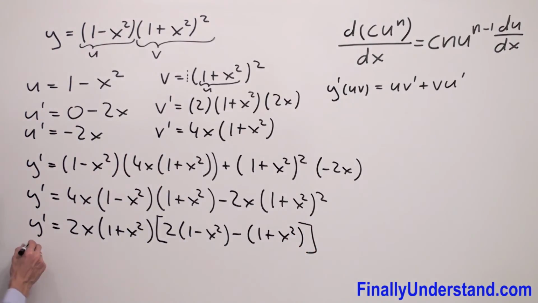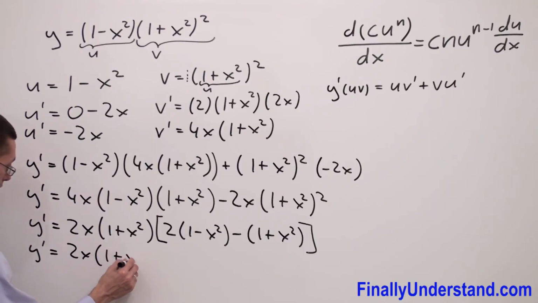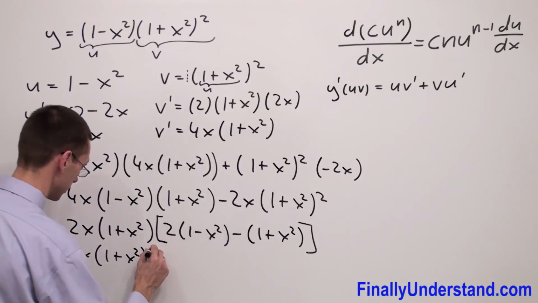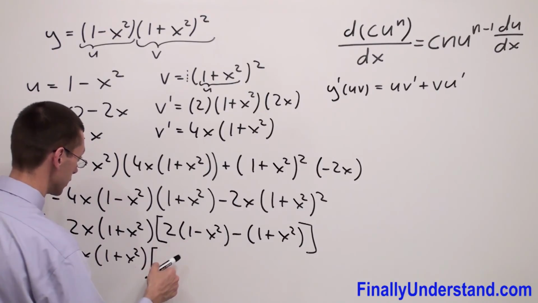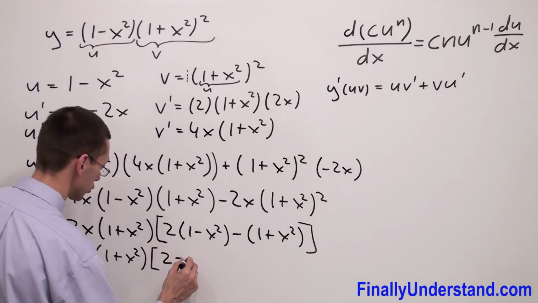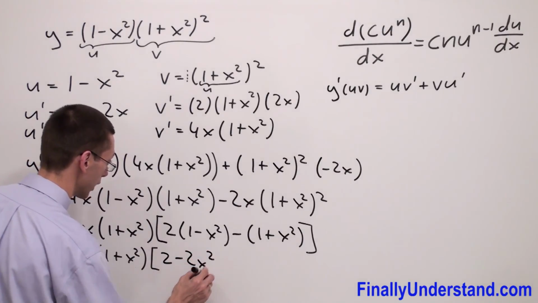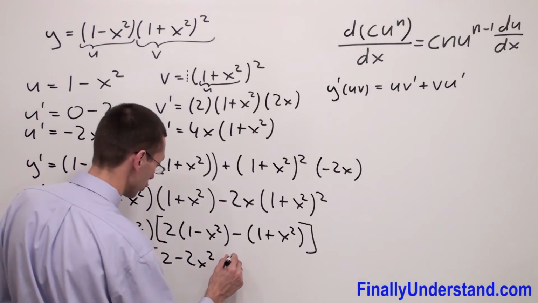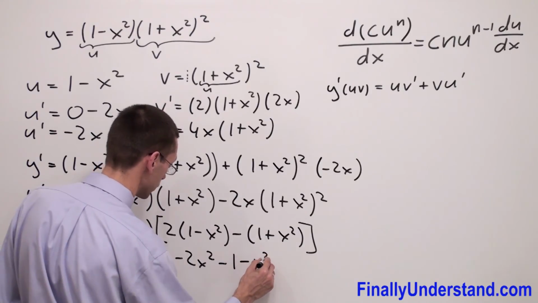Next, we have y prime is equal to 2x times 1 plus x squared, and let's organize the expression inside of the brackets. So I have 2 minus 2x squared minus 1 minus x squared.